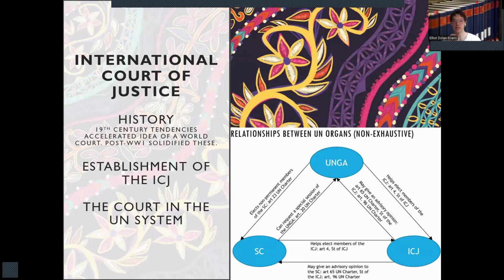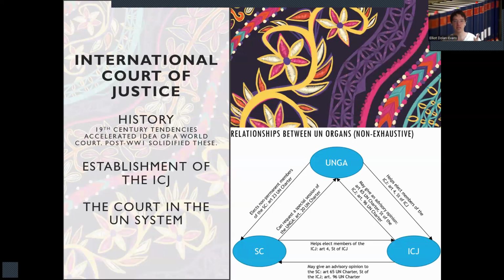But the court did have a very cautious and conservative stance in its contentious cases, but then also had a bolder, you might say progressive, jurisprudence in its advisory functions that dealt with the powers of nascent or early international institutions.